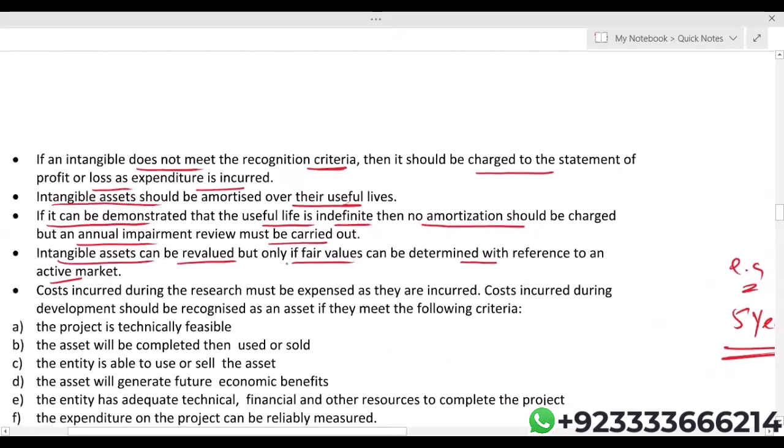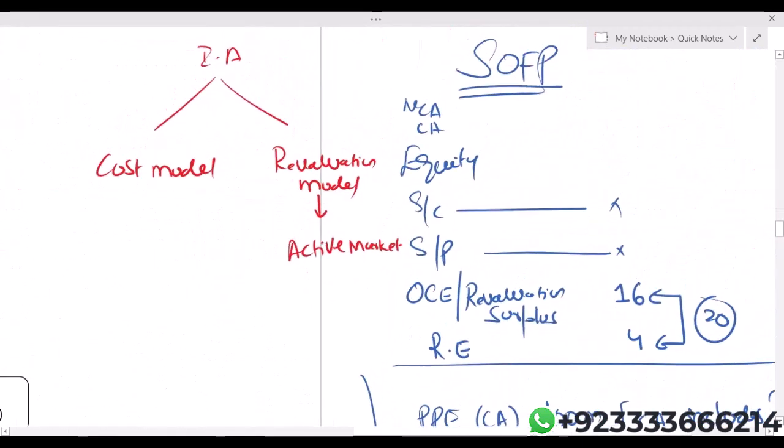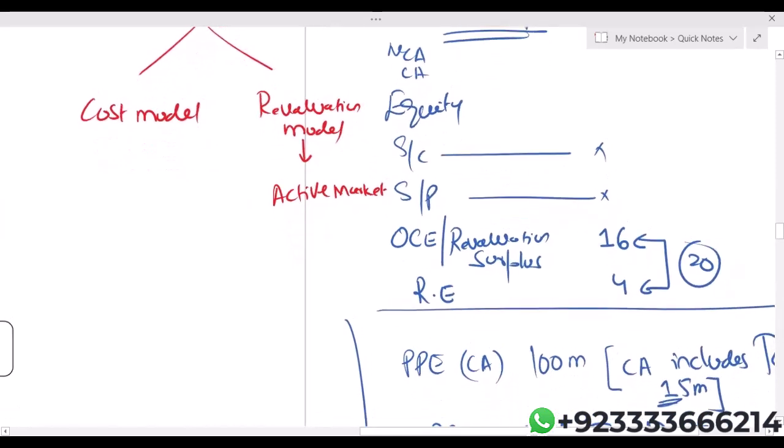An intangible asset can be revalued, but only if fair values can be determined with reference to an active market. Costs incurred during research must be expensed as they are incurred. So basically, in case of internally generated intangible assets, there's a specific example, that is R&D, research and development expenditure.